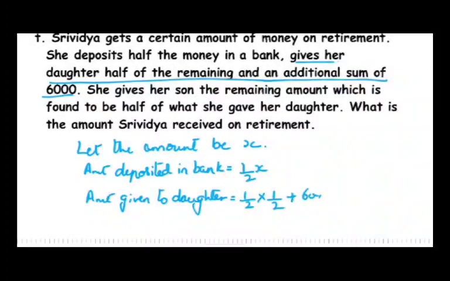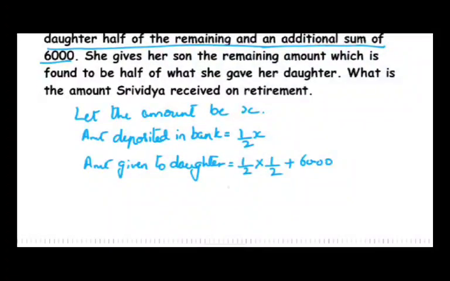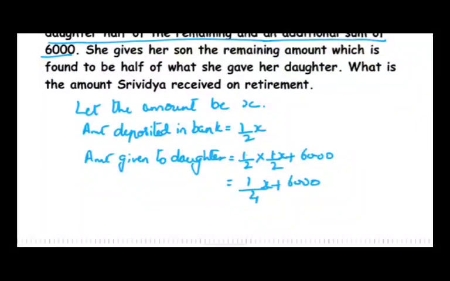Let me solve this here. 1 into 1, 1. 2 into 2, 4, plus 6,000. So 1/4x plus 6,000. Half of half. Alright, so this is the daughter's amount.